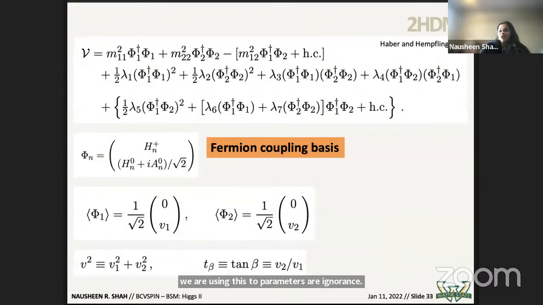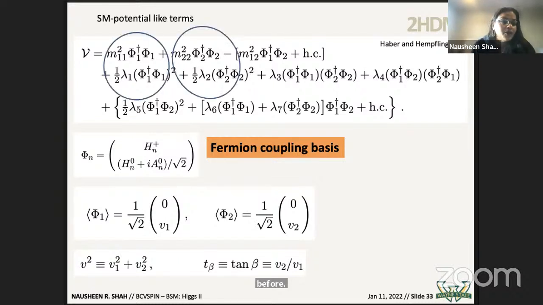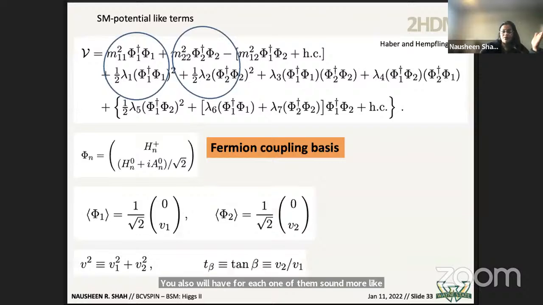So you start off writing down the 2HDM in the fermion coupling basis, the Z2 basis, where you define that phi1 couples to this type of fermions, phi2 couples to this type of fermions. And again, the same parameterization that we've looked at before. You have tangent beta, one of them gets a VEV, V1, V2, etc. And now here, you also will have for each one of them standard model potential-like terms, right?